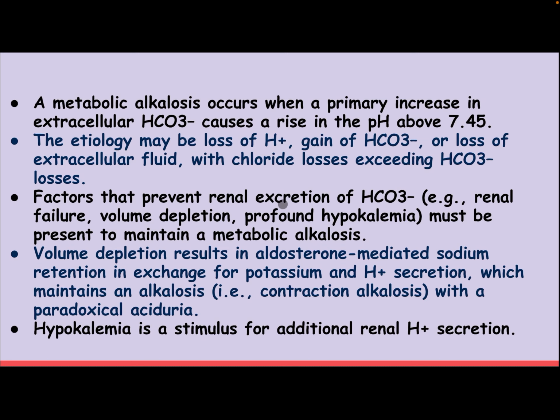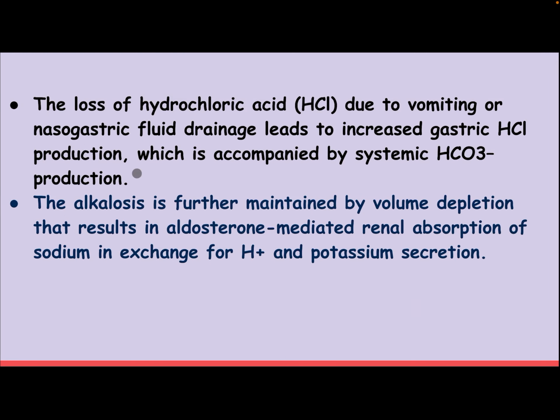Factors that prevent renal excretion of bicarbonate, renal failure, volume depletion, profound hypokalemia, must be present to maintain a metabolic alkalosis. Volume depletion results in aldosterone-mediated sodium retention in exchange for potassium and hydrogen secretion, which maintains an alkalosis, contraction alkalosis, with the paradoxical aciduria. Hypokalemia is a stimulus for additional renal hydrogen secretion.